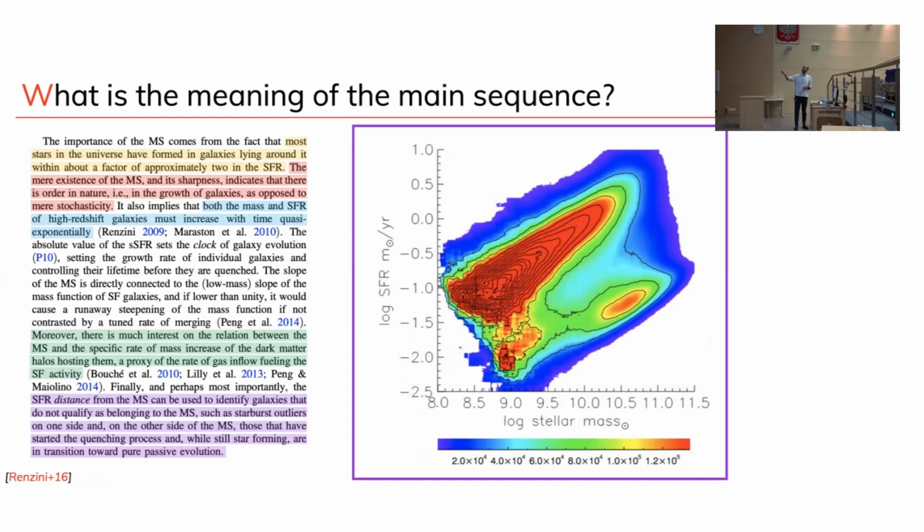So you have outliers below, and you have outliers here, the starbursts that I was mentioning this morning. So this is in general why the main sequence framework is important, and you see that there's quite some connection with what happens behind the scenes to dark matter evolution.